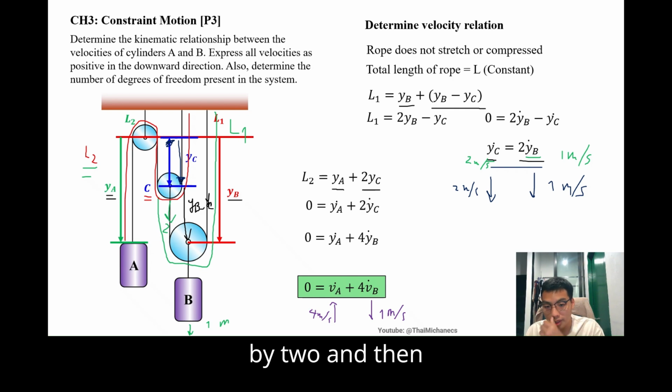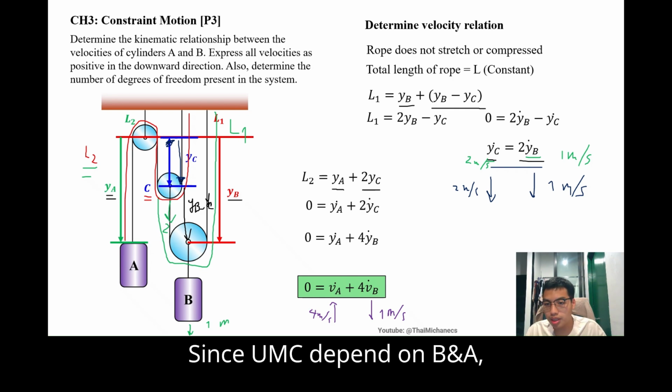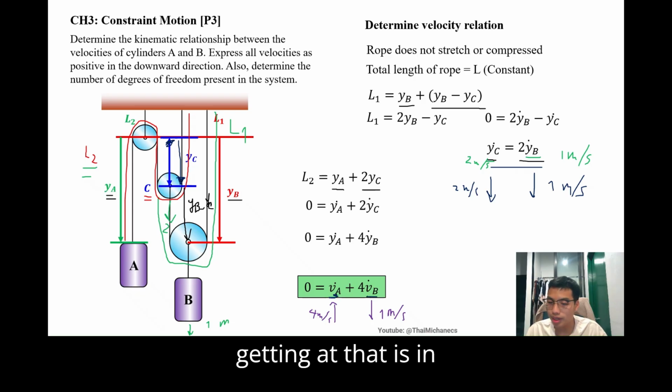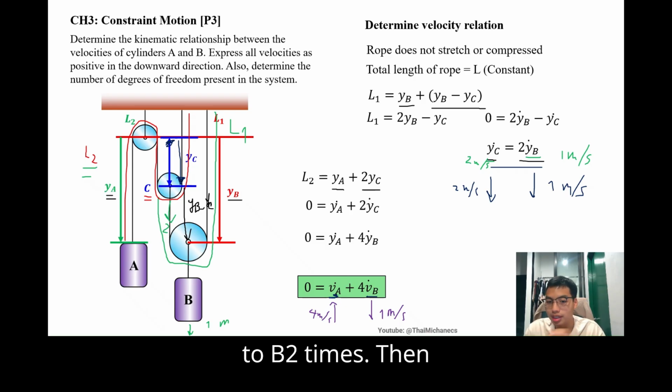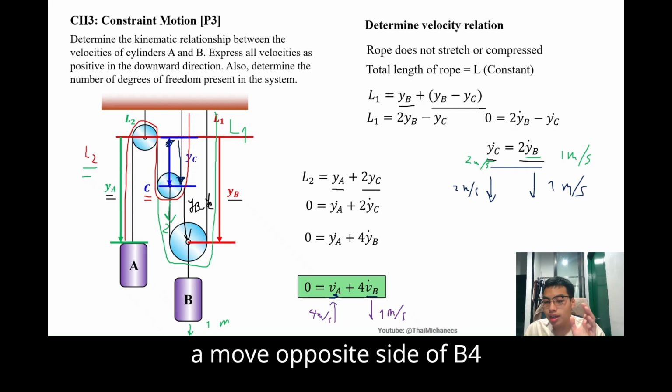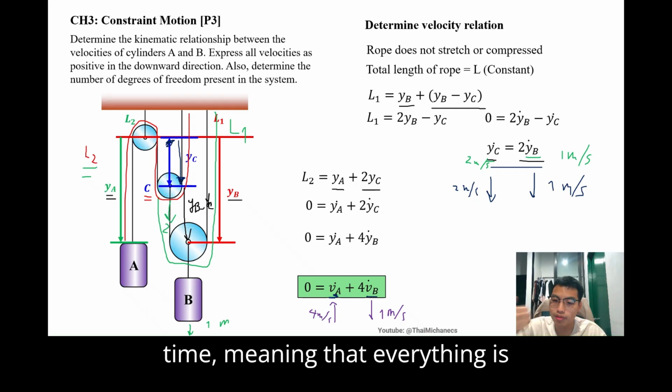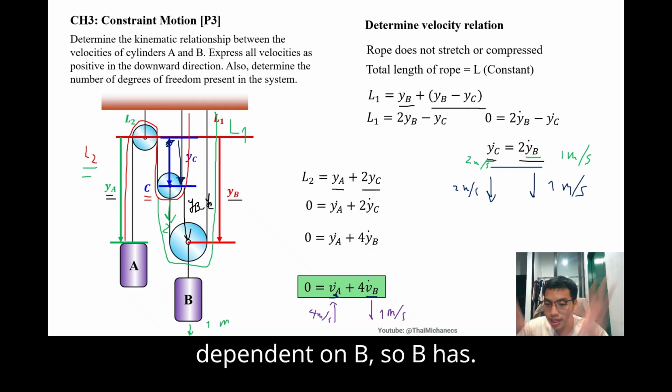And since C depends on B and A also depends on B, you see what I'm getting at? In this example, we pull down B and C moves according to B 2 times, then A moves opposite to B 4 times, meaning that everything depends on B.